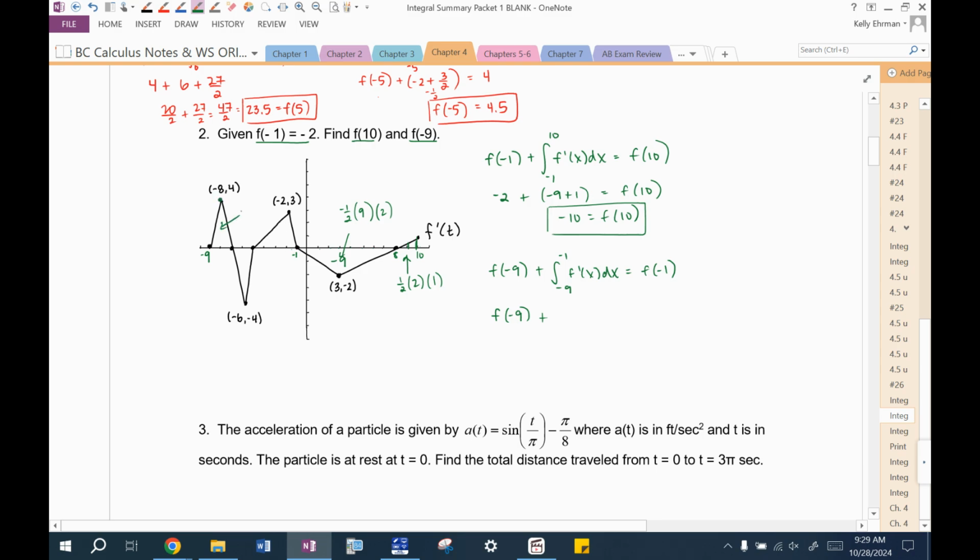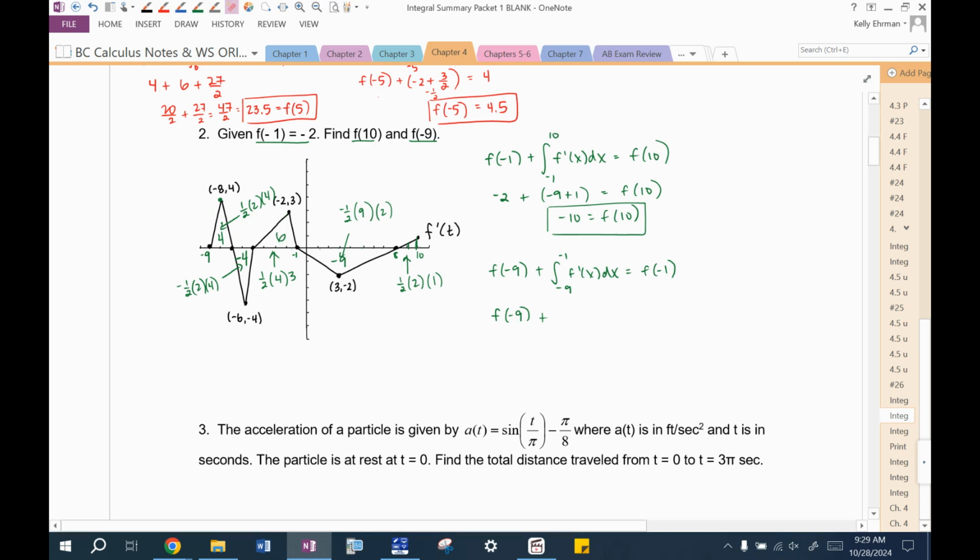So this area is 1/2 times the base of 2 times the height of 4. It's 4. This area is -1/2 times the base of 2 times the height of 4. -4. This is also a triangle, right? This is 1/2 times 1, 2, 3, base of 4, height of 3. Half of 4 is 2 times 3 is 6.